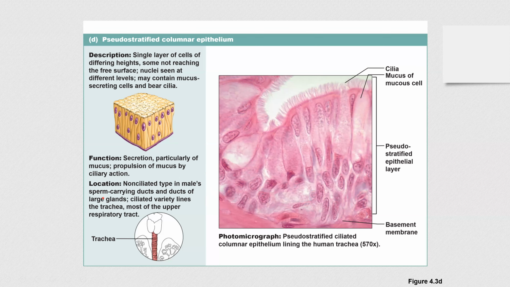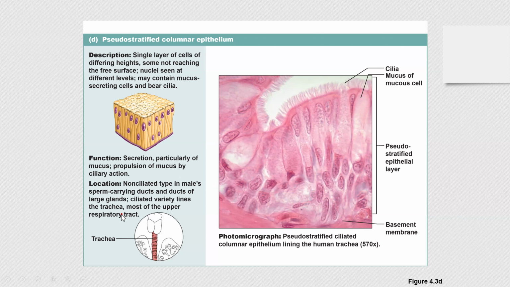So let's go through your respiratory tract. If you start with the nasal cavity, in your nose, you will have pseudostratified, right? Then from the nasal cavity you go to the pharynx, and the pharynx you share with your digestive system. So you cannot have this epithelium because your food will damage it. So you will have stratified squamous.